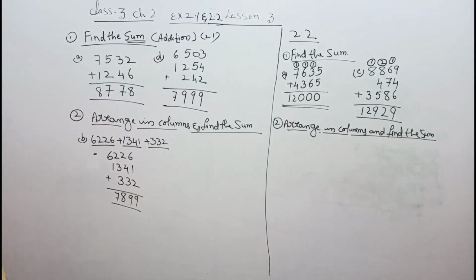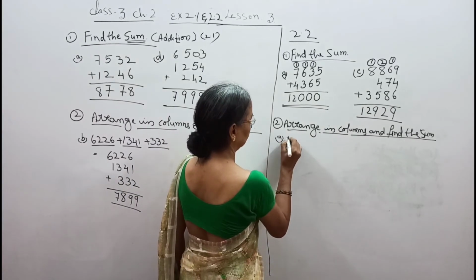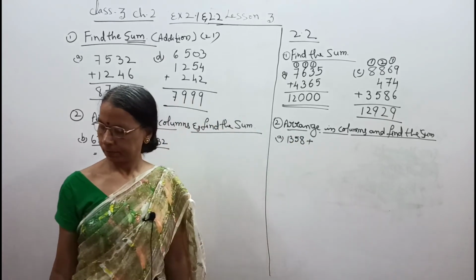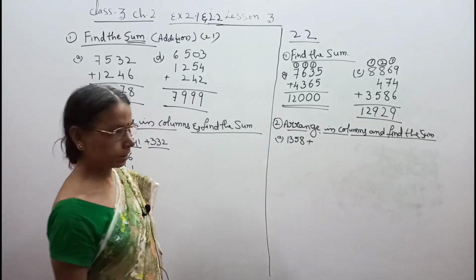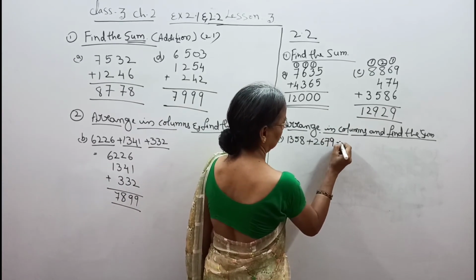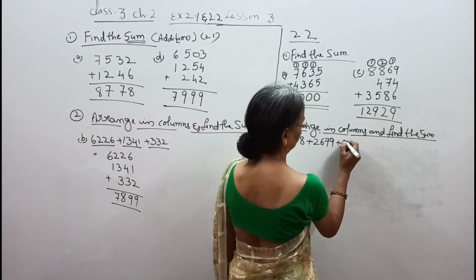First question is 1,358 plus 2,679 plus 1,235.